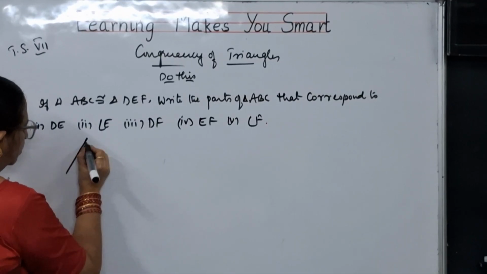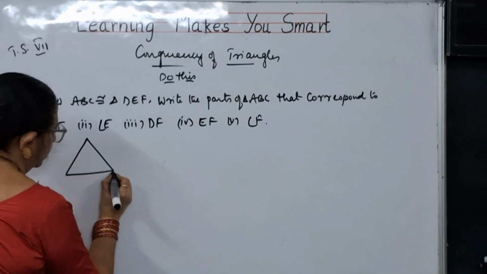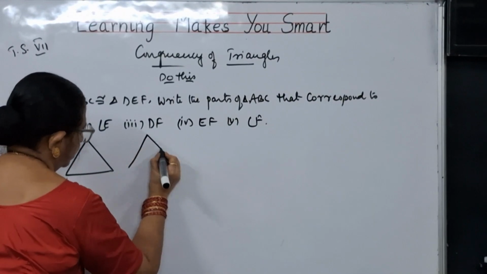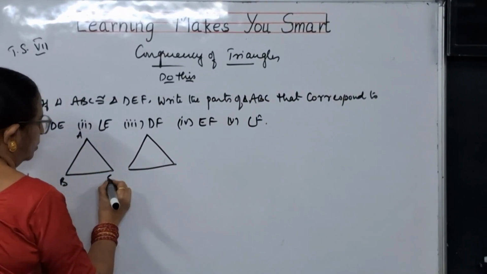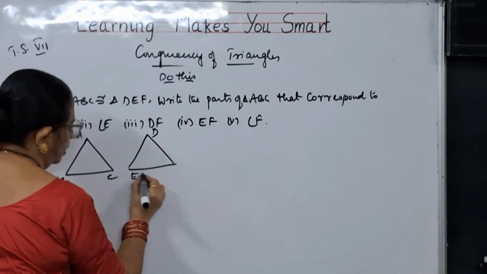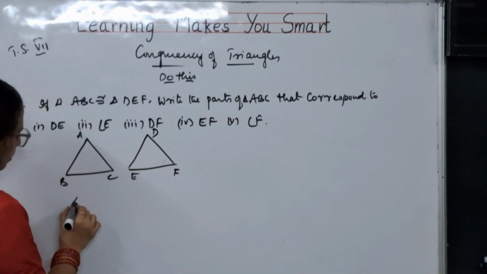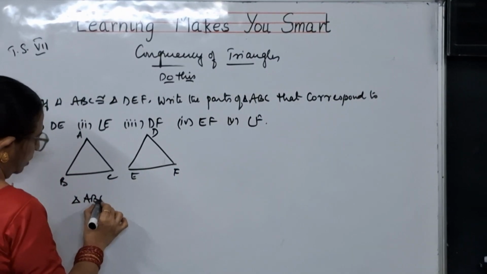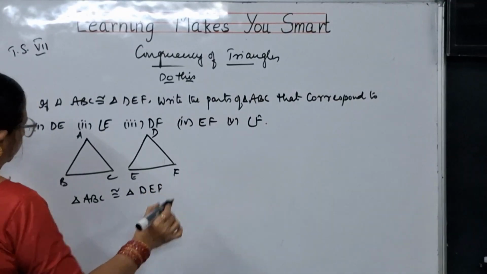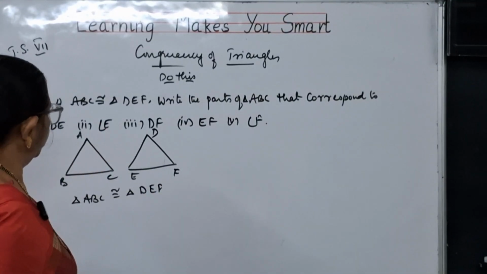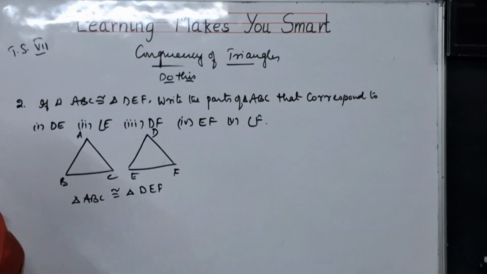So let us first draw triangle ABC and triangle DEF. What did they say? Triangle ABC is congruent to triangle DEF. So first he has given the measure of DE.